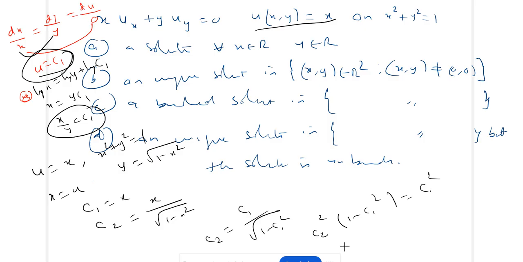So then when you simplify it, c2க்கு பதிலாக என்ன போடலாம்? x by y. So x square by y square and 1 minus c1க்கு பதிலாக that is u square, that is u square is nothing but u square.